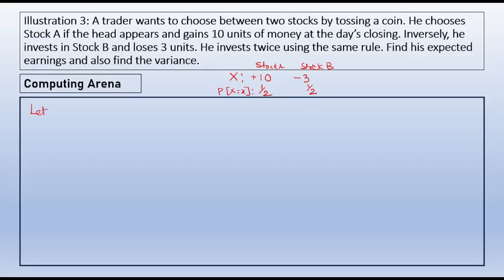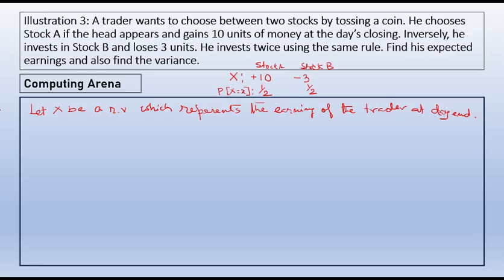Let X be a random variable which represents the earning of the trader at day end.